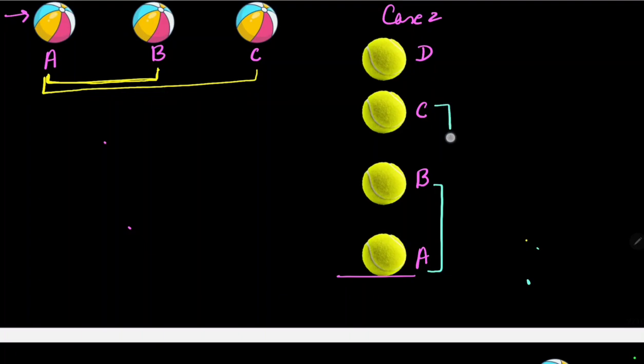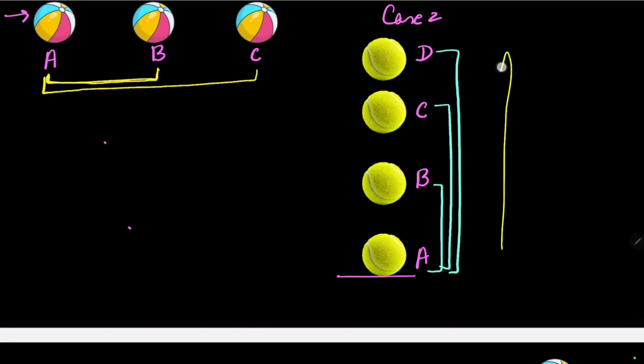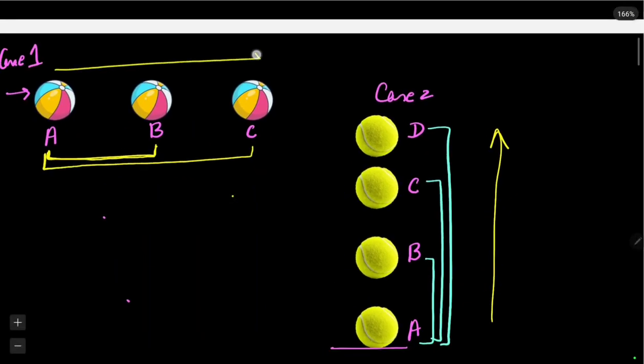From A to C, the ball has covered this height. From A to D, the ball has covered this height. Is there any other direction in which the ball is moving? No, right? The ball is only moving in the y-axis, that means up. And in the previous example it was only moving forward.